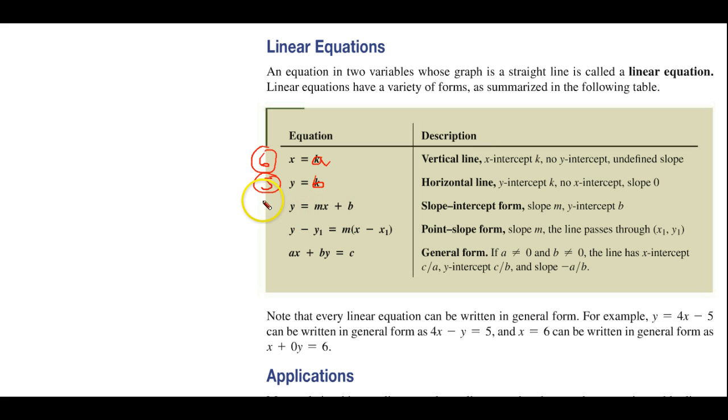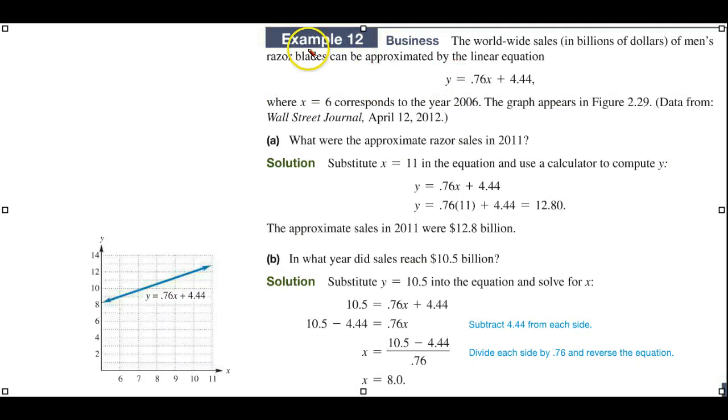And we said this was formula 2, slope-intercept. This was formula 4, point slope. And this was formula 1, standard form. A good summary.